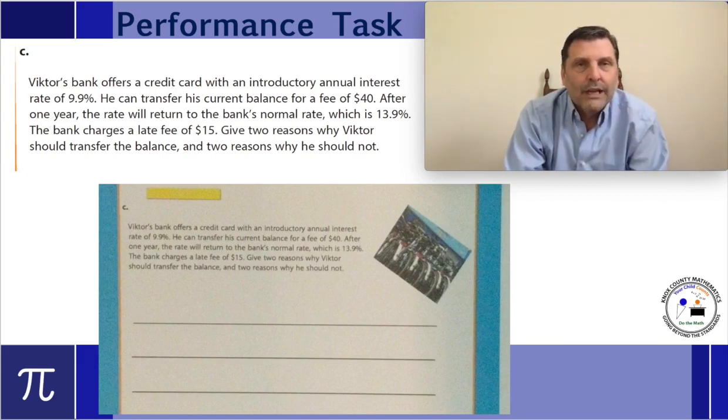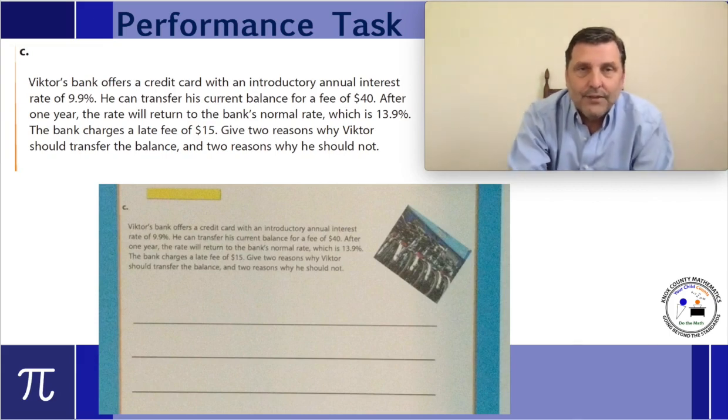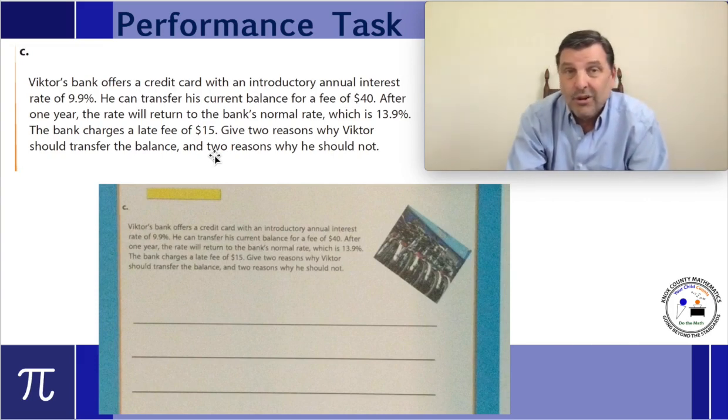But what are some reasons why he should not? Well, first of all, the bank charges a late fee of $15. That's $5 more, so if sometimes he thinks he might be late, he's going to be paying more. $15 is larger than 10, so that's not as good of a deal.